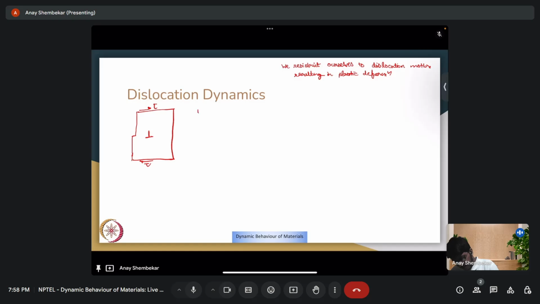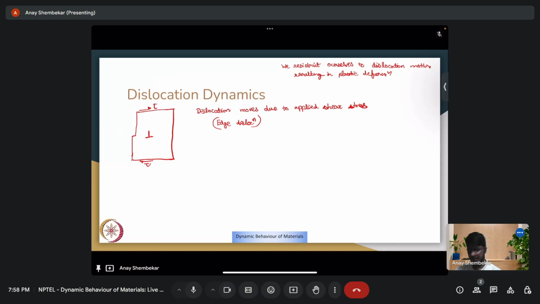So the dislocation moves due to applied shear stress, and this is basically an edge dislocation that we are talking about here.